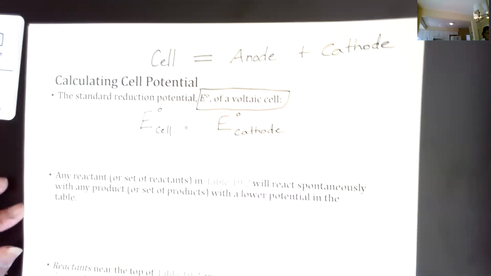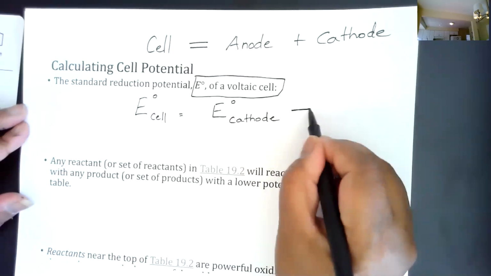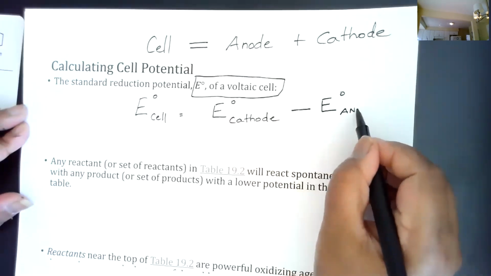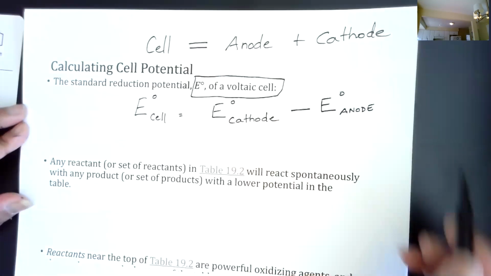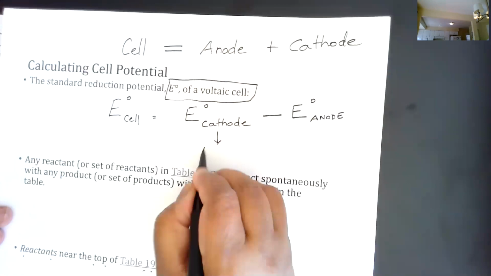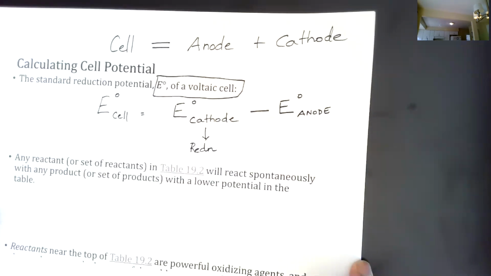We're not going to add these two up here. Got it? At the cathode, reduction takes place normally, right?